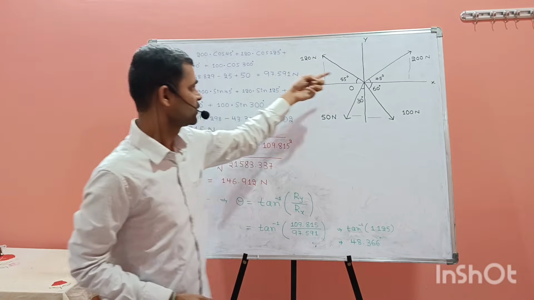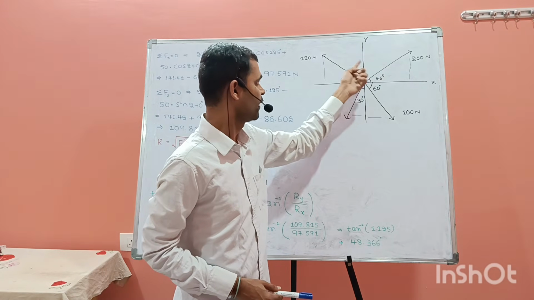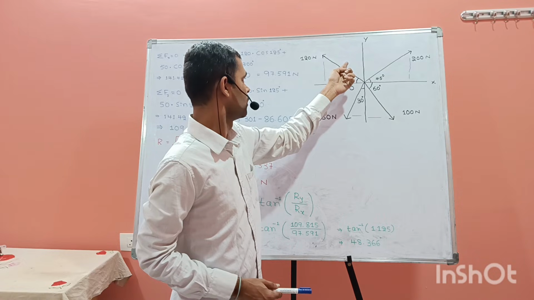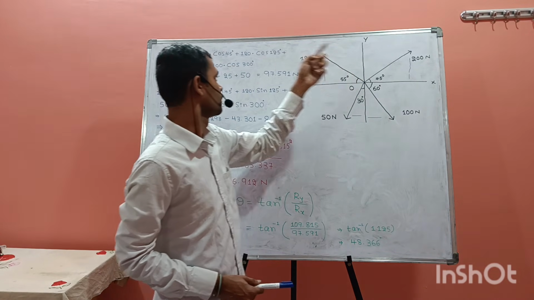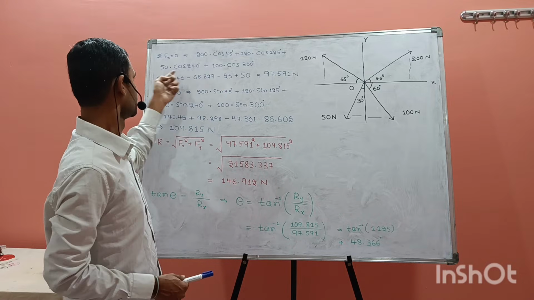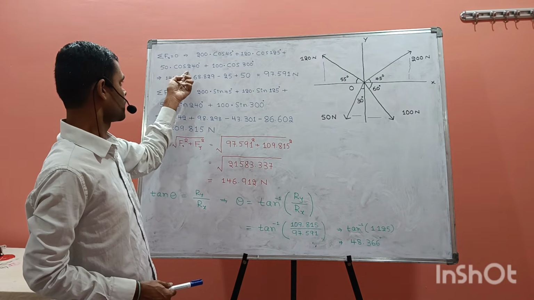This angle is from here, so this is 90 and this is 35, so 125 degrees. For the next force, 50 into cos 240 degrees.